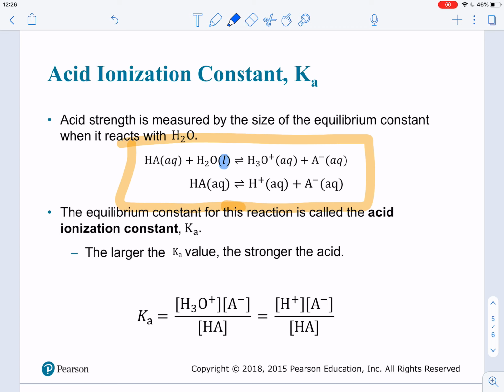Those are the only three main actors in this expression. Okay, and remember, a larger value for the acidity constant means the acid is stronger. So that's a way in which you can look at the strength of the acid from a more quantitative point of view. A larger Ka, stronger acid; a smaller Ka, a weaker acid.